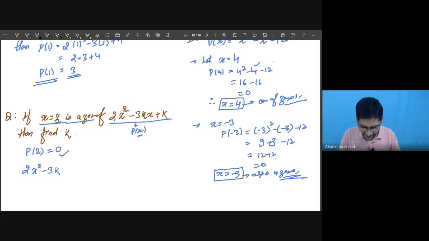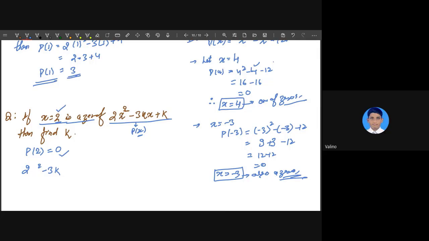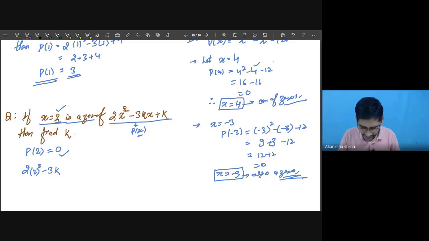So in place of x, what we have to do, student? We have to substitute what is given, 2. Minus thrice k. K we want to calculate, so k you have to carry as it is. And in place of x, you need to substitute the 2. So 2 plus k is equal to 0.